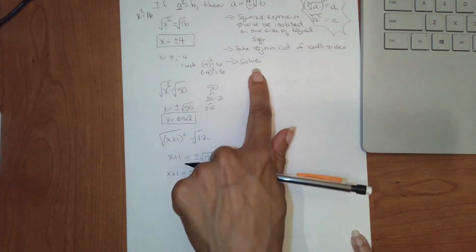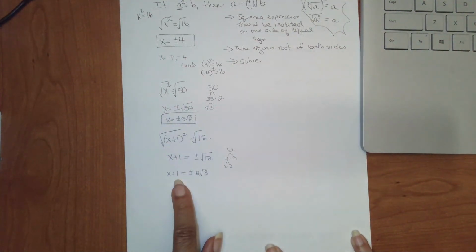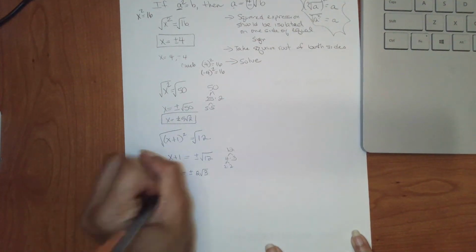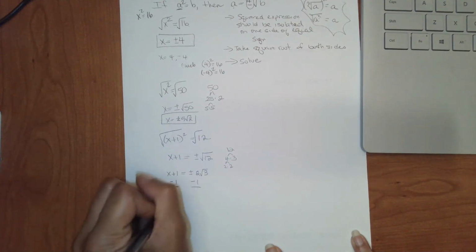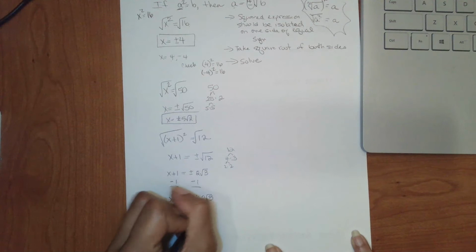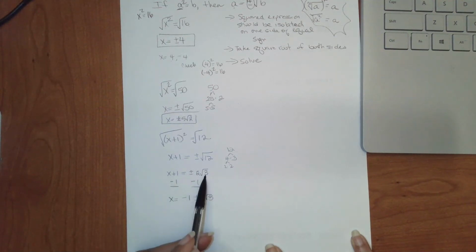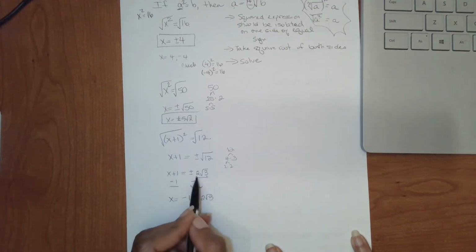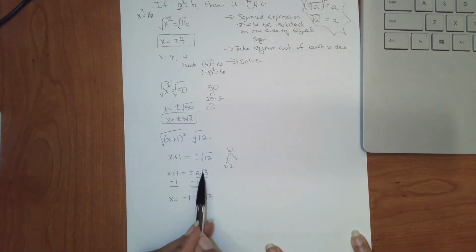Now I'm trying to solve. Solve meaning what? Isolate x here. So to get x by itself, I would subtract 1 from both sides. So I have negative 1 plus or minus 2 square root 3. Realize that 1 and square root of 3, these are not like terms, right? So what did we do in chapter 10? We learned about adding and subtracting radical expressions. You can only combine if they both had a square root of 3.